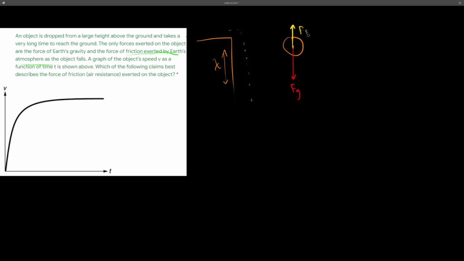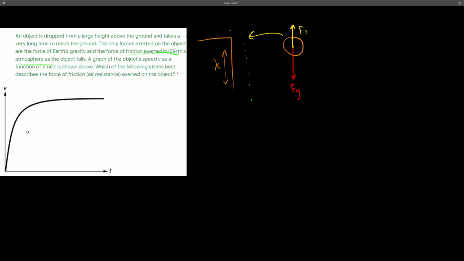Now, we don't actually know how big it is yet. This is just at the beginning. So at the beginning, it would look something like this. A graph of the object's speed as a function of time is shown. So here's the graph. And it asks which of the following claims best describes the force of friction exerted on the object.